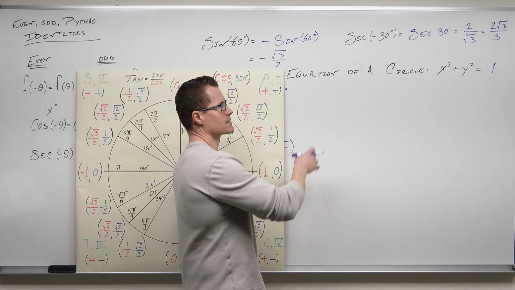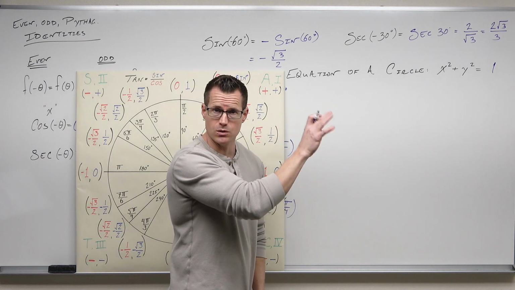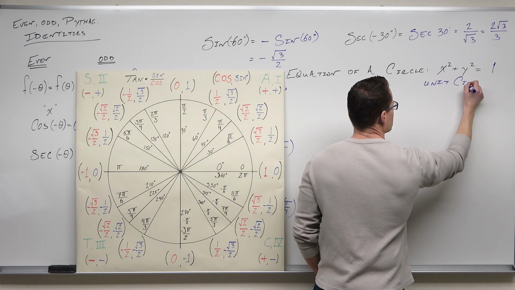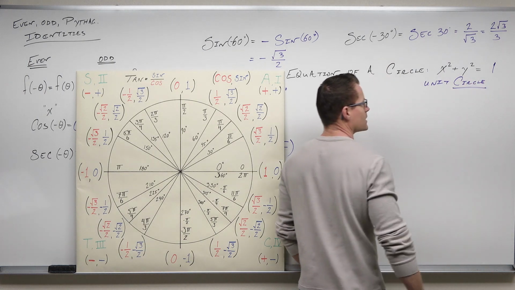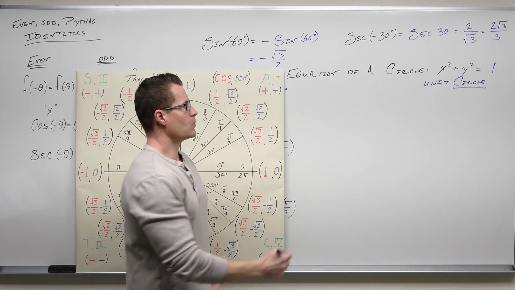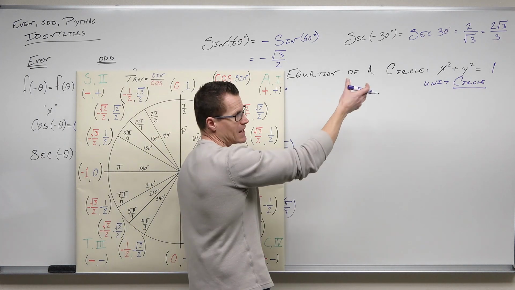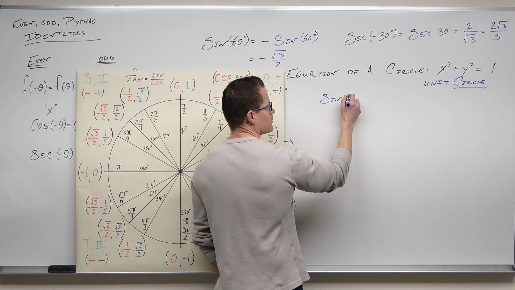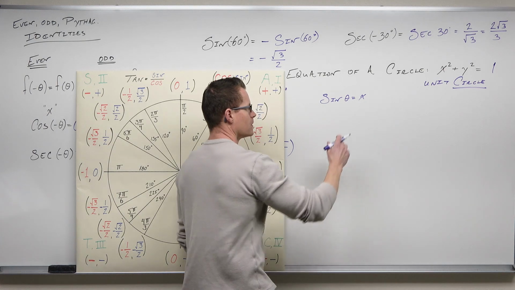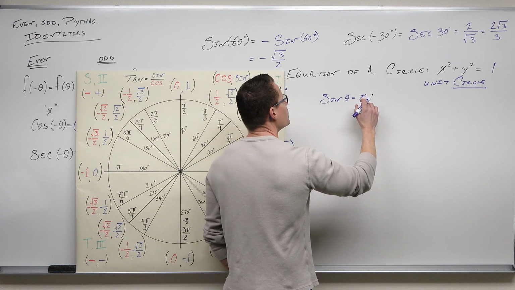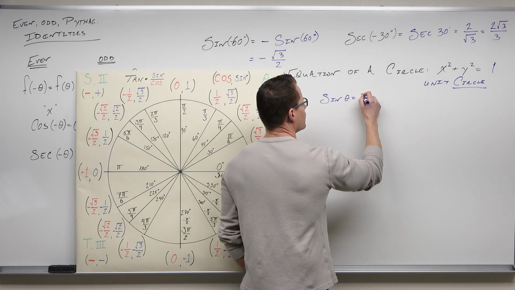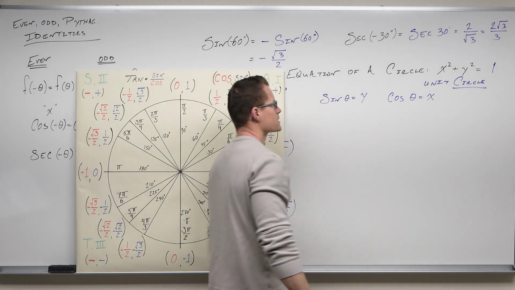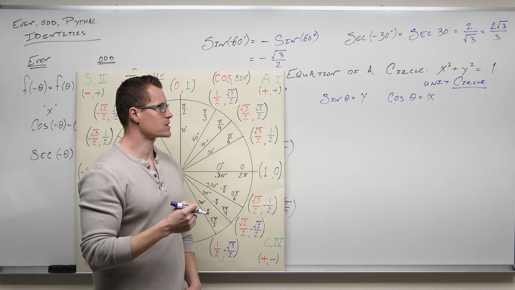So if that's the equation of a circle, specifically the unit circle, because it has a radius of 1, then we know that on a unit circle, sine of theta is y and cosine theta is x.